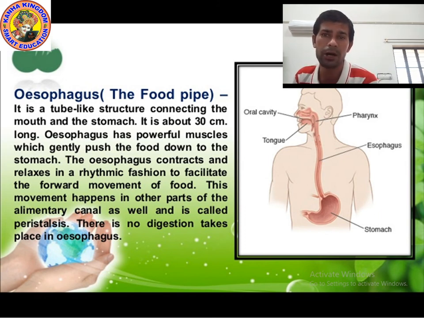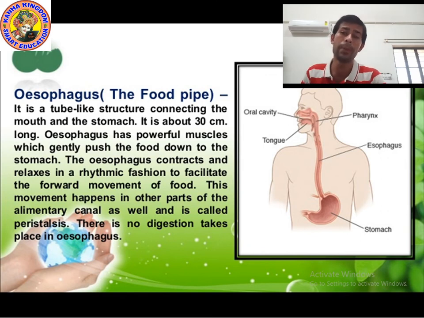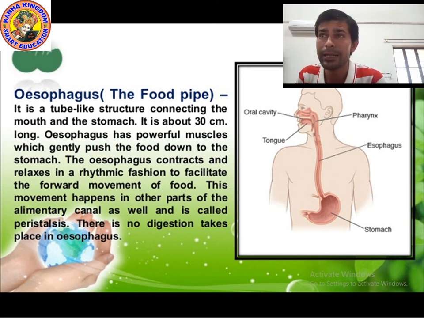Peristalsis means the movement of the muscles of the food pipe: continuous rhythmic contraction and relaxation which helps to move food forward. This movement is known as peristalsis.